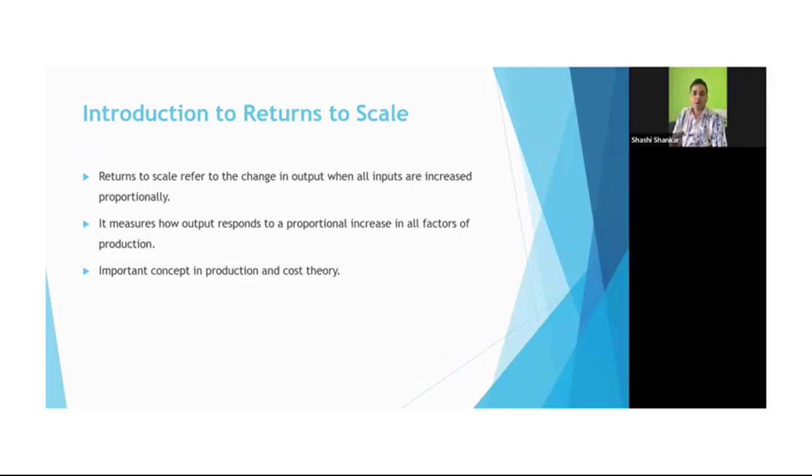It measures how output responds to a proportional increase in all factors of production. So if you are talking about factors of production, it could be land, it could be capital, it could be entrepreneurship.